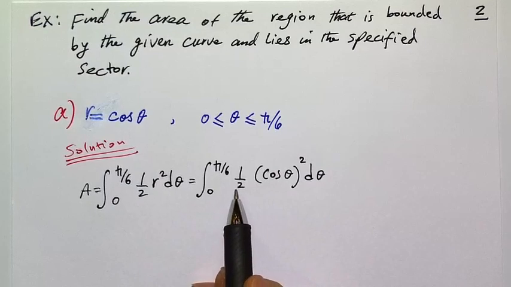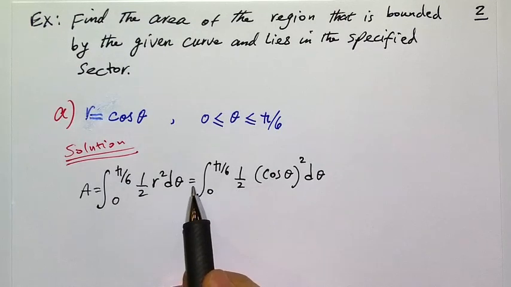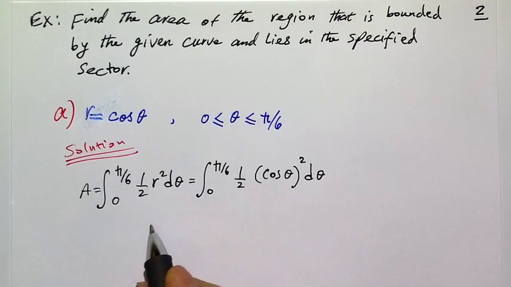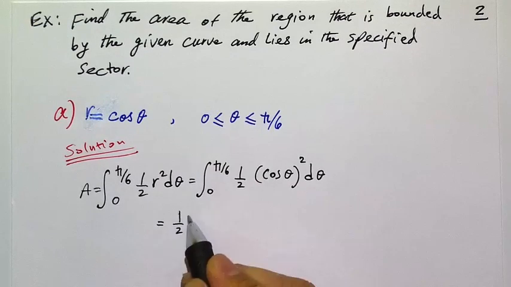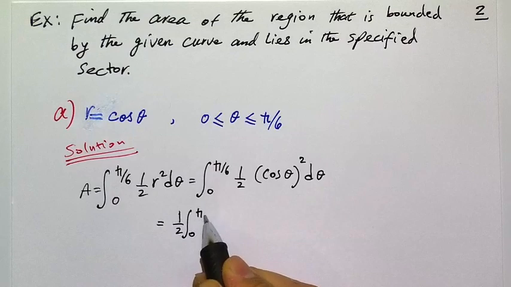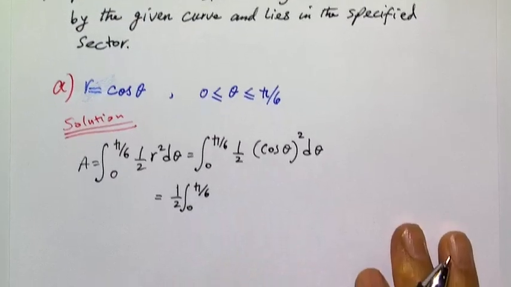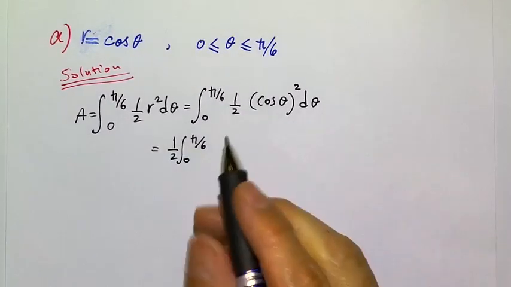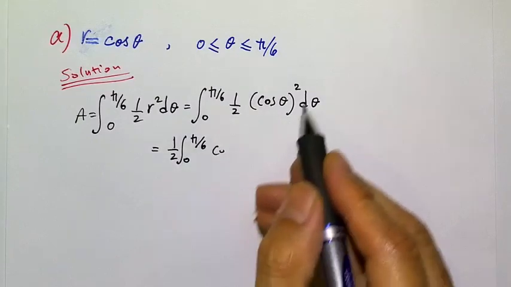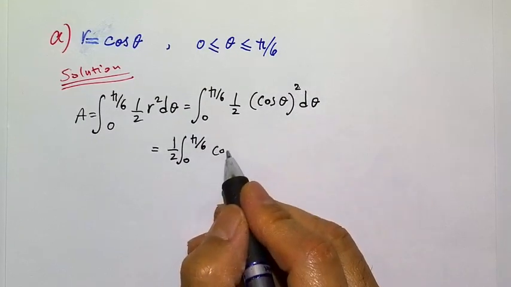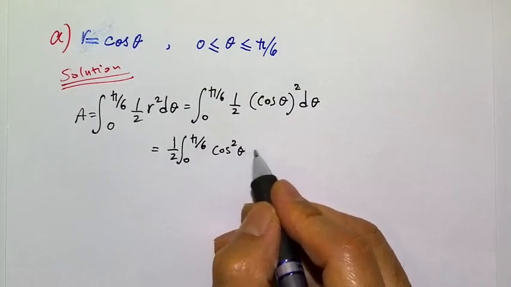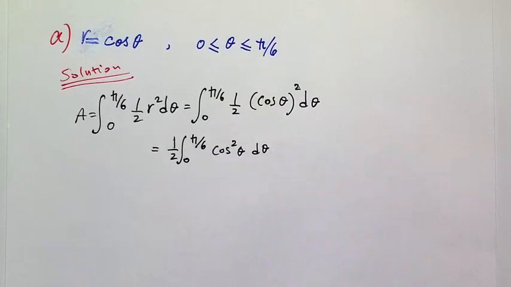Of course, we can put the 1/2 in front of the integral, so let me do that. And then we can distribute that power into the cosine function, d theta.